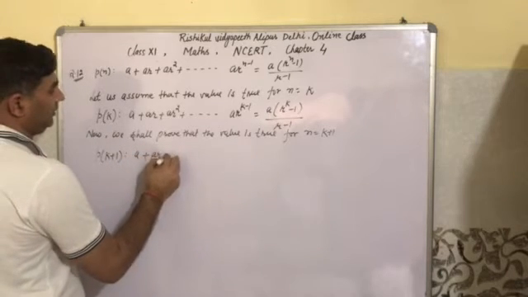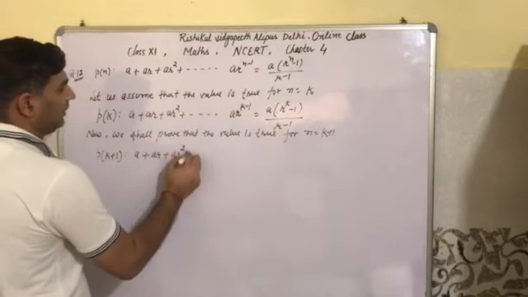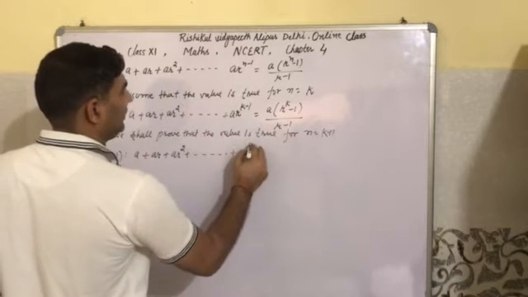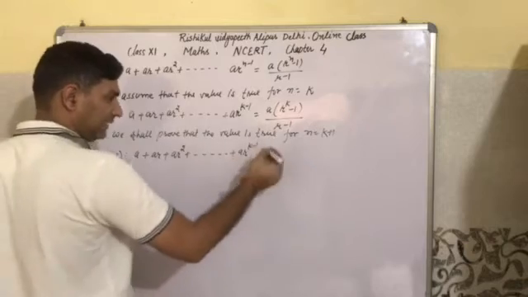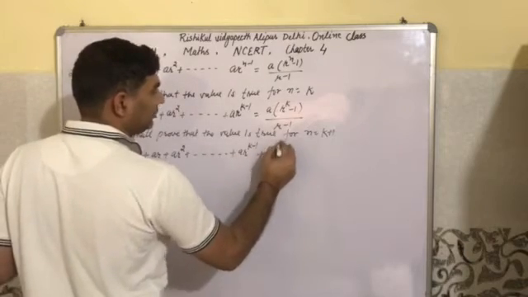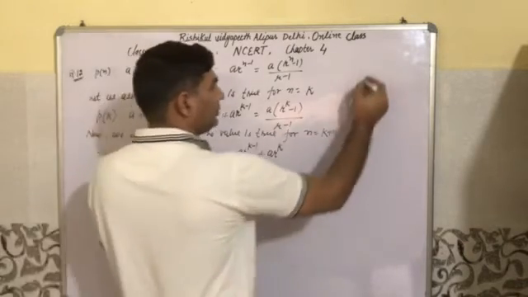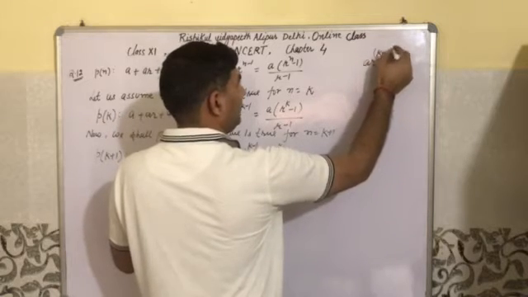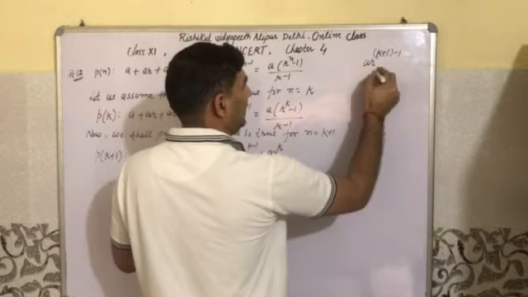a plus ar plus ar square and so on up to ar raised to power k minus 1, and the next term is ar raised to power k, because ar raised to power k plus 1 minus 1 cancels out to ar raised to power k.